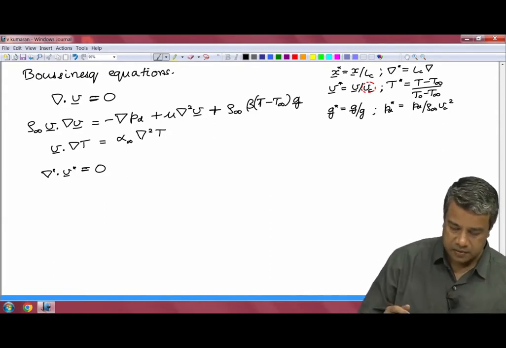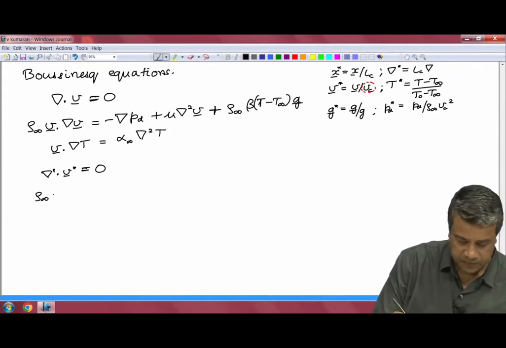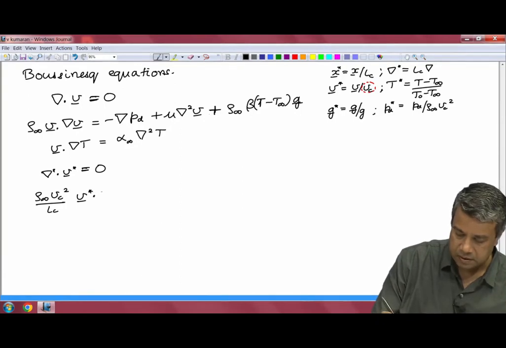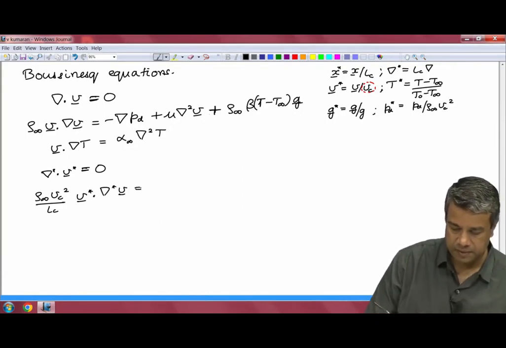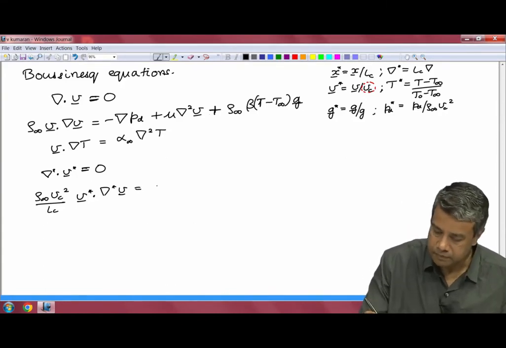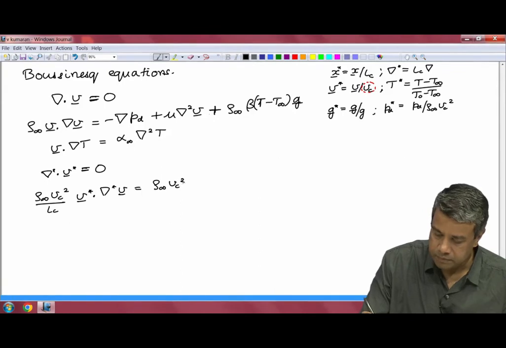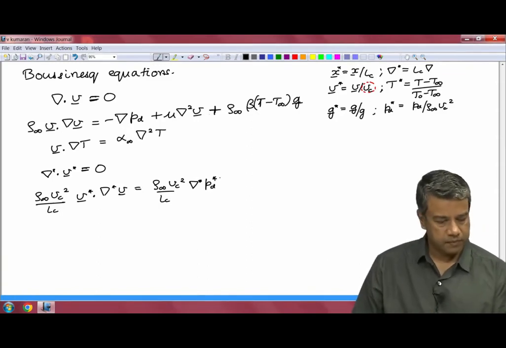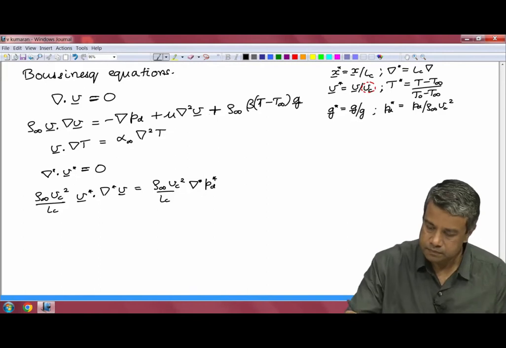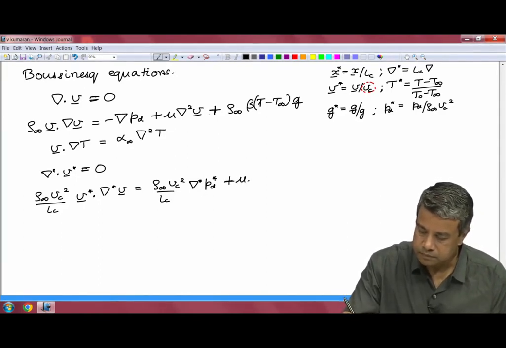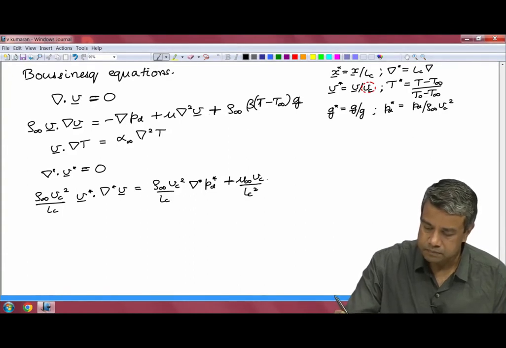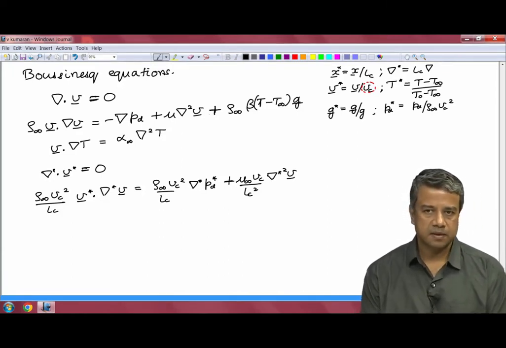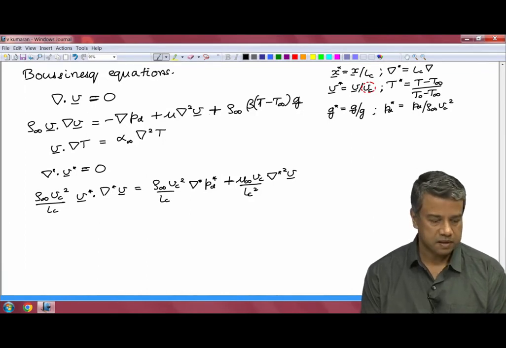The momentum conservation equation: rho infinity V_c square by L_c V dot grad V. The Laplacian has dimensions of 1 over length square.